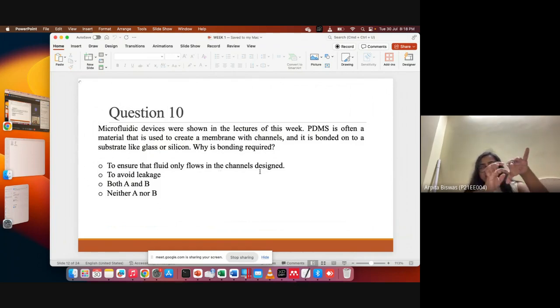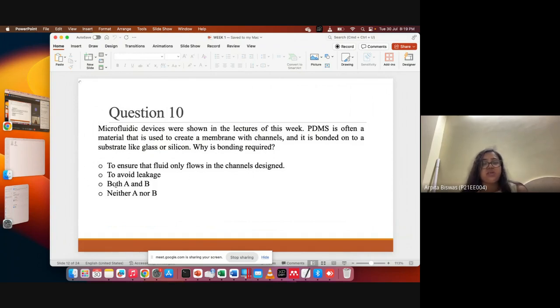If there is a channel, this is the glass slide and this is the channel, and drugs are flowing in between the channel. If there is good bonding between the glass slide and this structure, the PDMS, it ensures that the fluid only flows in the channel design, and also avoids leakage.